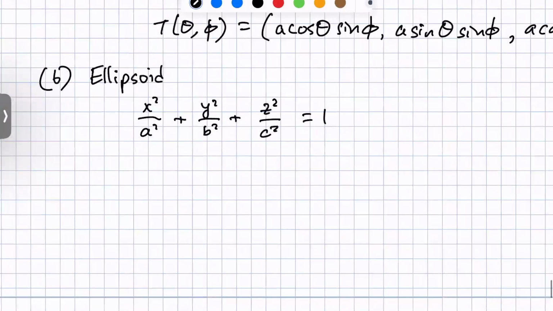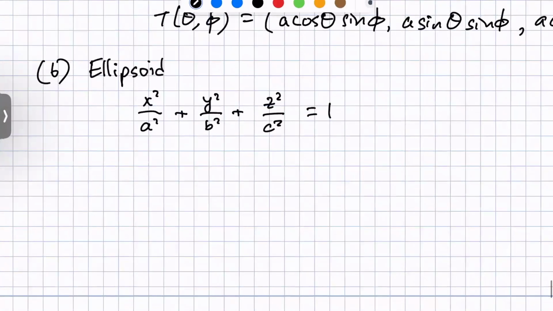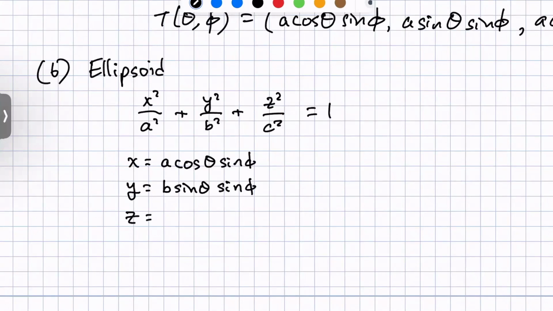So the parametrization is similar. x is a cosine theta sine phi, y is equal to b sine theta sine phi, and z equals c cosine phi, where theta goes from 0 to 2 pi, and phi goes from 0 to pi.